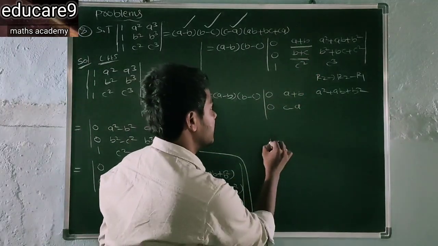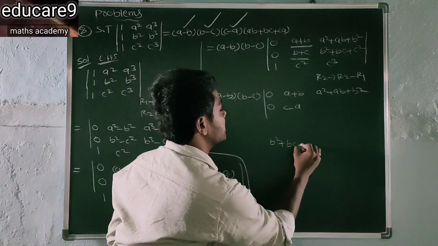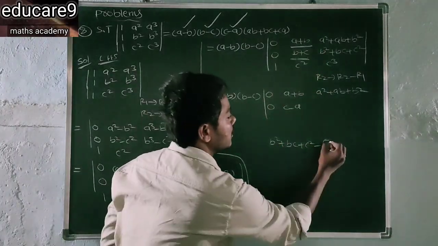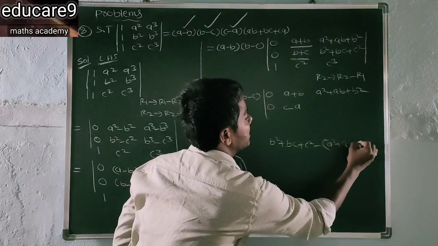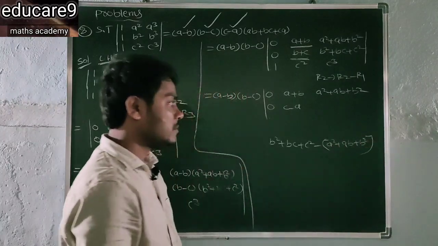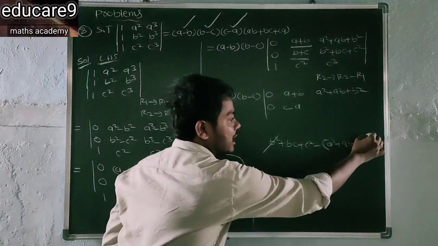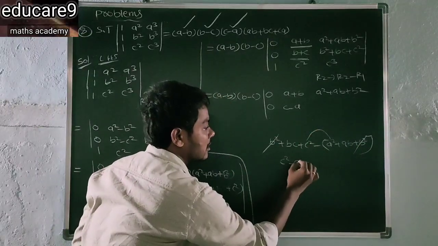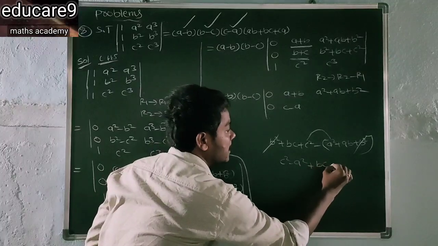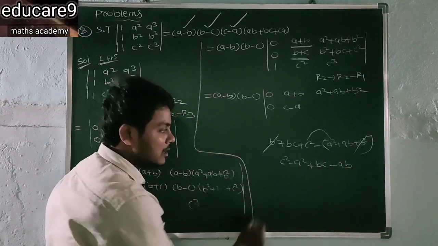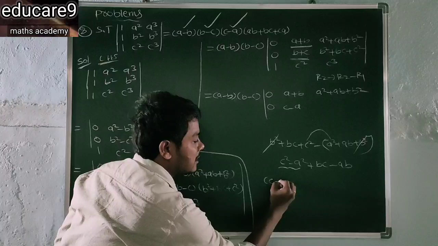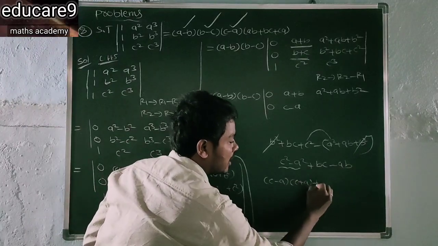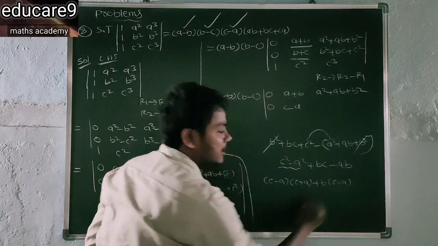That is B square plus BC plus C square minus A square plus AB plus B square. So clearly plus B square minus B square get cancelled. Here C square minus A square plus BC minus AB. So this can be written as C minus A into C plus A, and here B is common, you will get C minus A.